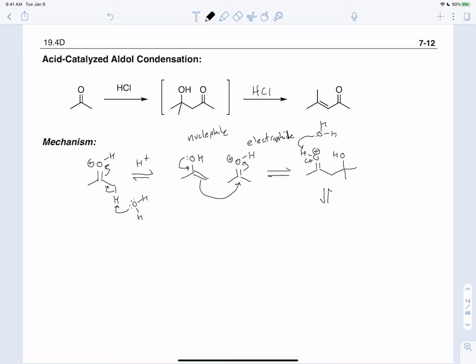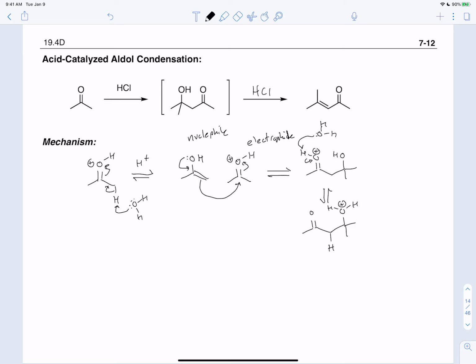That gets us to our first hydroxy ketone intermediate. And now in order to make this alcohol into a good leaving group for elimination, we're going to need to protonate this as well. So first this will be protonated, and you can imagine this happening in two ways.